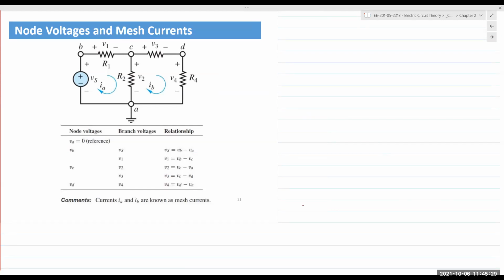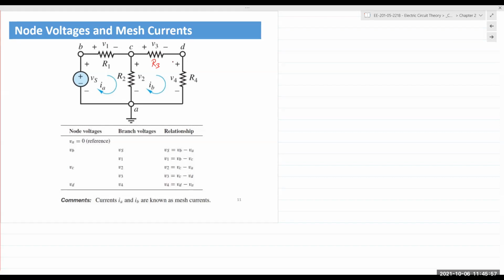So you look at the circuit diagram, and you see there is one voltage source, Vs, and 4 resistors, R1, R2, R3, R4. And we are given the notations for the resistor voltages, V1, V2, V3, V4, and the polarities of those voltages.